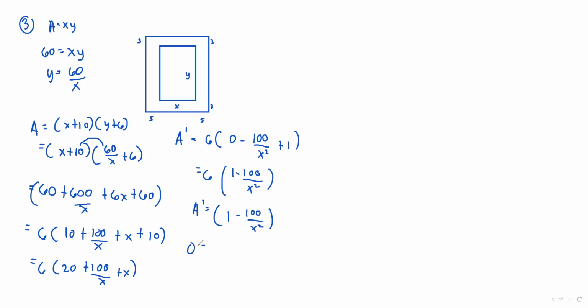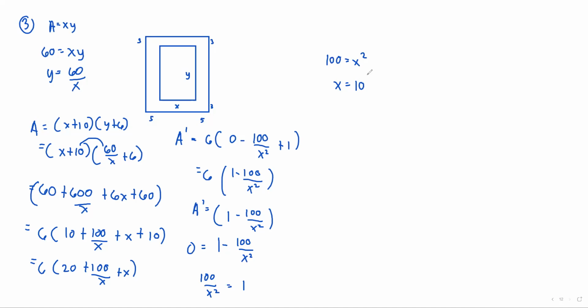So 0 is equals to 1 minus 100 over X squared, and then 100 over X squared is equals to 1. 100 is equals to X squared. So X is equals to 10. And then technically, we only have one critical number.